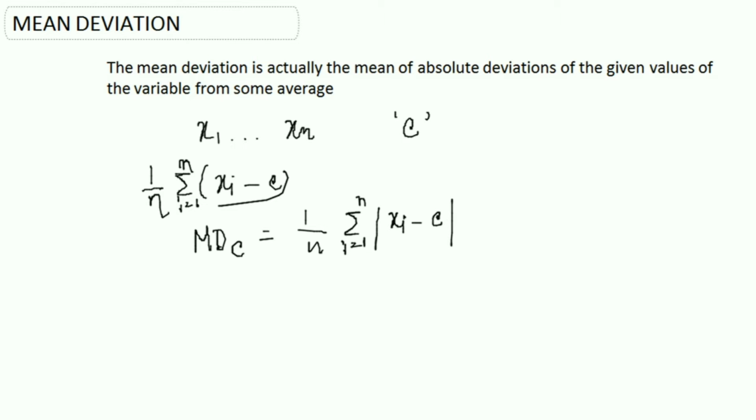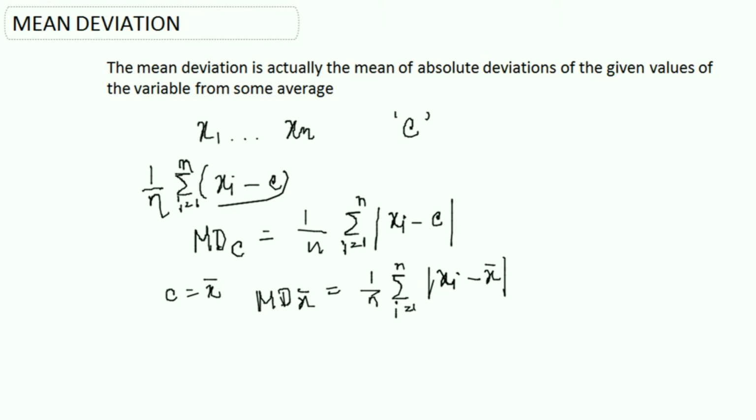Now if we take c equal to x bar, then we have the formula of mean deviation about mean x bar, which is 1 by n summation i from 1 to n of mod of xi minus x bar. So this is the formula of mean deviation about mean.